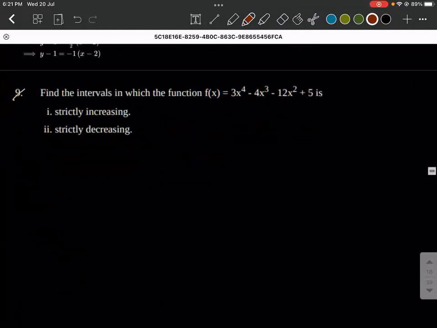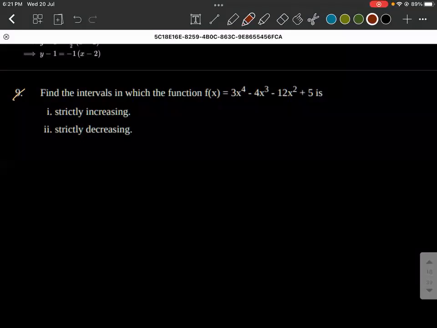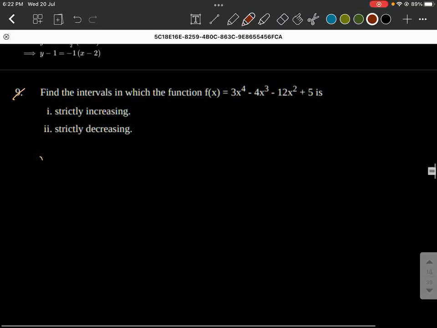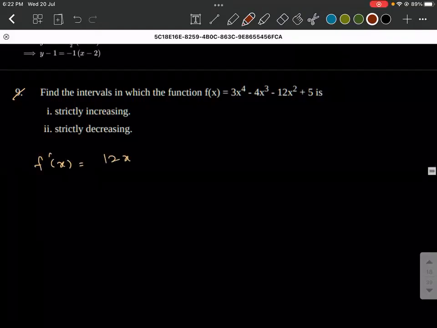Let's do the 9th one. Find the intervals in which the function f of x is equal to 3x power 4 minus 4x cube minus 12x square plus 5 is strictly increasing. So f dash of x is 12x cube minus 12x square minus 24x, greater than 0.